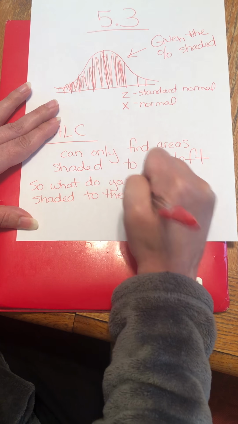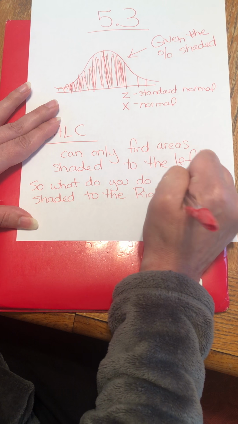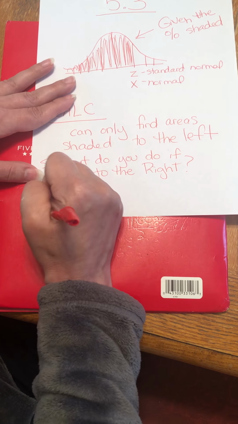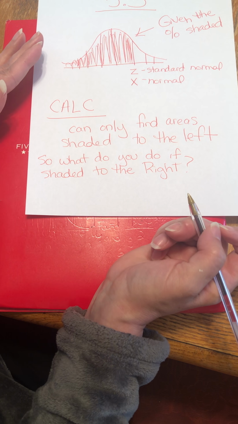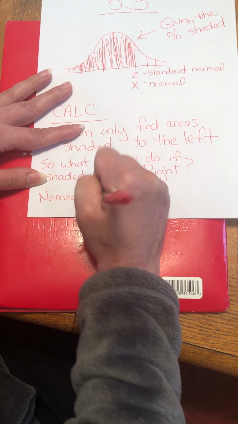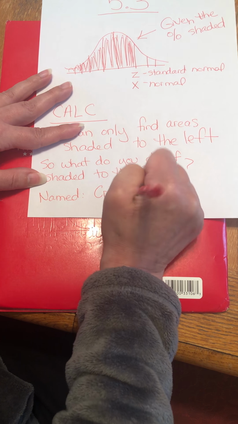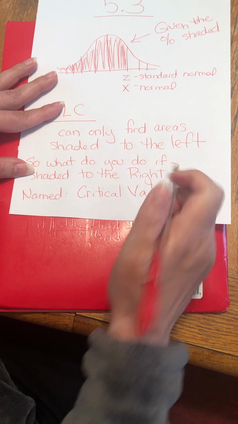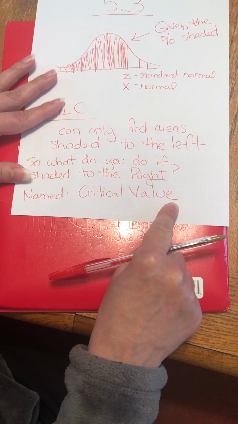The first thing you need to know is that when it's shaded to the right, it has a name, and it's named critical value. So when it's shaded to the right, it's called a critical value.